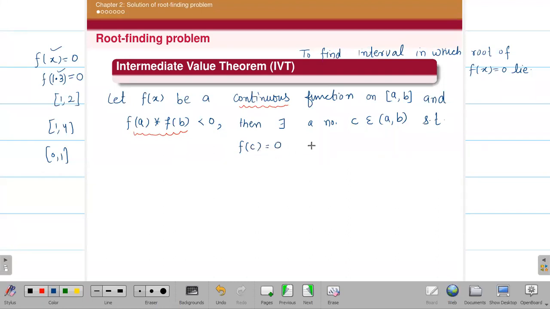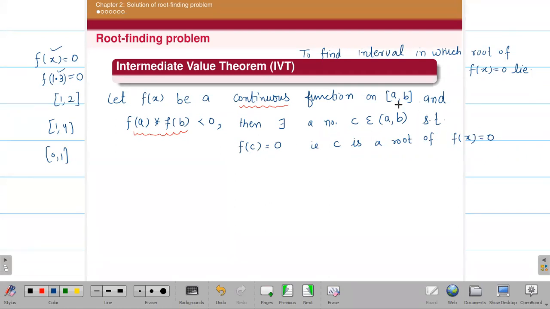F of C will be 0 means C is a root of f of x is equal to 0. So if these two conditions are satisfied by any function, then this interval will always contain a root of this function.